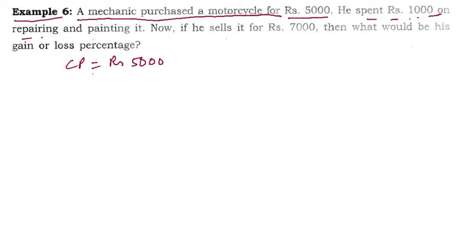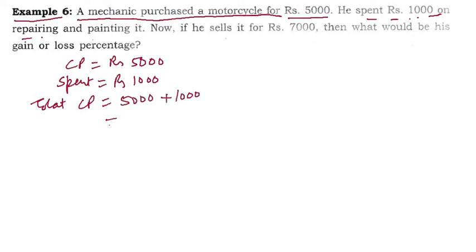So first of all is the spent money. Spent is the rupees 1,000. So total CP is equal to 5,000 plus 1,000. That becomes 6,000 rupees.